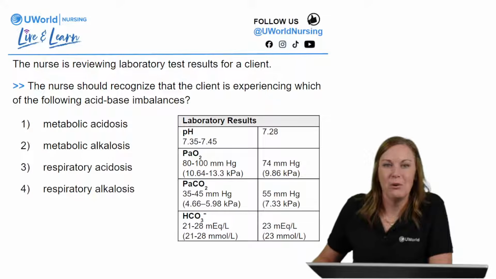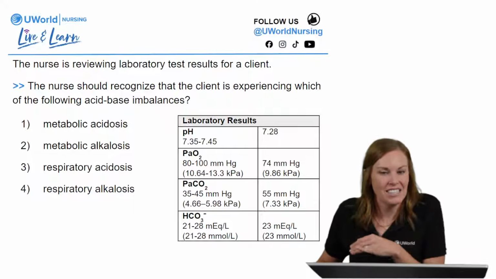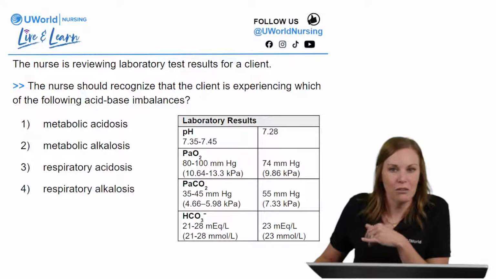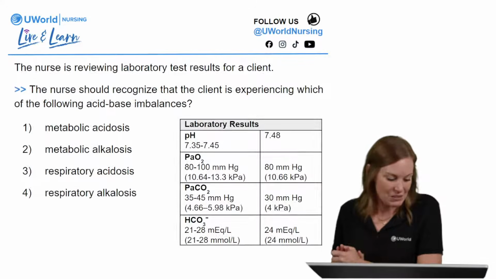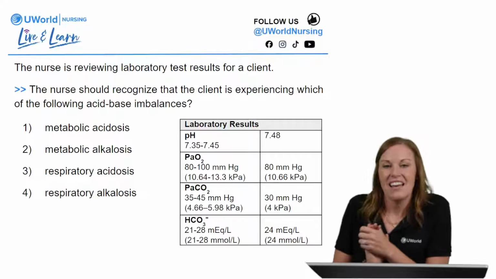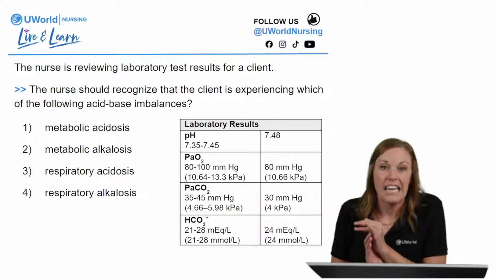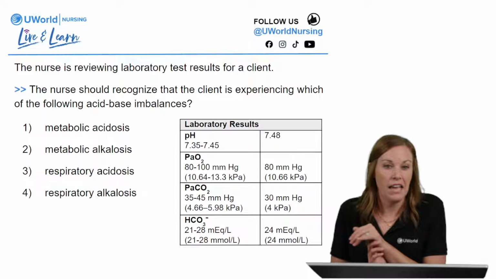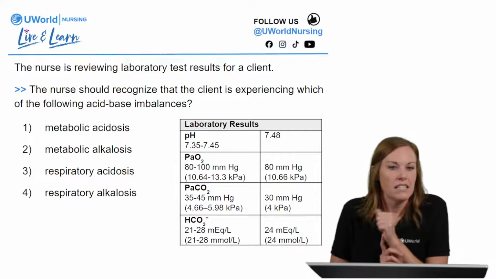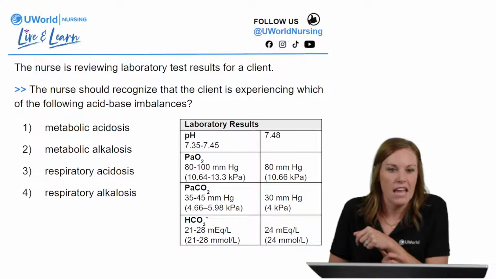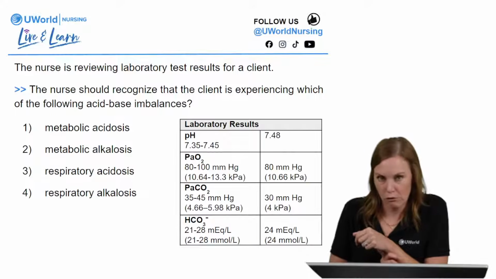Okay, we're going to pull up question 2. I'll give you guys a chance to read it, and then I will walk through the lab values we need to know. Okay, so we have a pH of 7.48, so we know we have a high pH. We have a CO2 of 30, and a bicarb of 24.